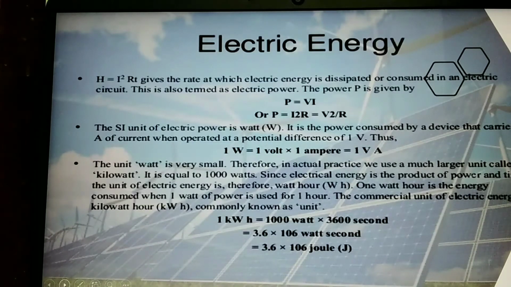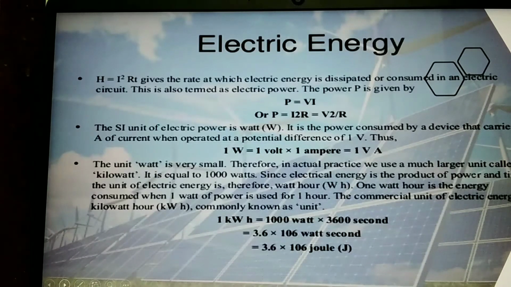The unit watt is very small. Therefore, in actual practice, we use a much larger unit called kilowatt. It is equal to 1000 watts. Since electrical energy is the product of power and time, the unit of electric energy is therefore watt-hour. 1 watt-hour is the energy consumed when 1 watt of power is used for 1 hour.